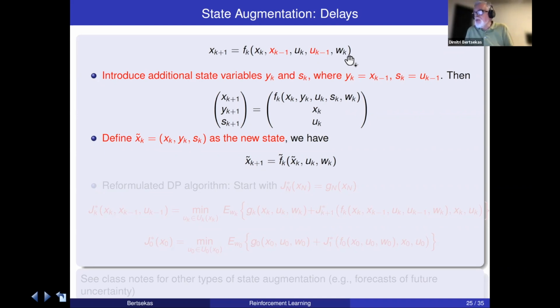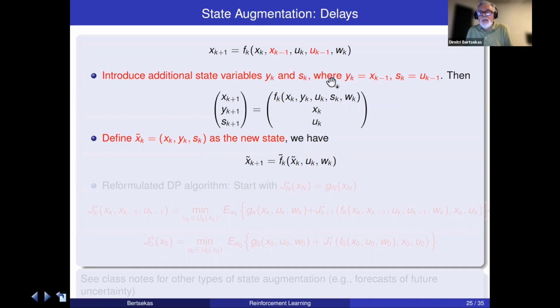On the other hand, conceptually, delays can be treated by reformulation. In particular, in this one-step delay situation, we introduce additional state variables, which we call y_k, the delayed state, and s_k, the delayed control. And we write an augmented system equation where x_{k+1} is given by this formula with the additional state variables introduced.